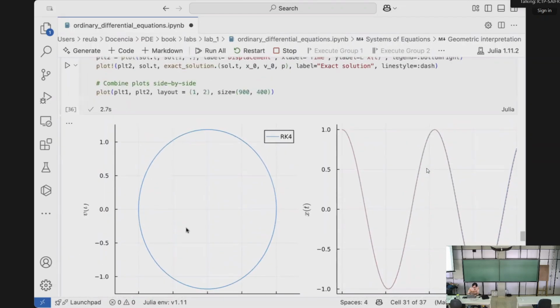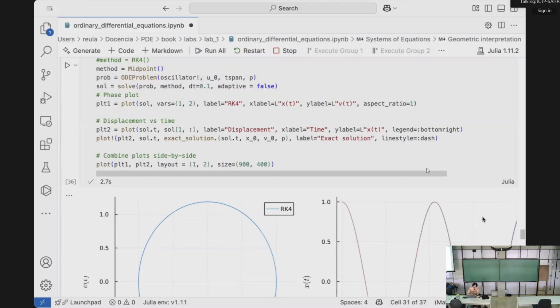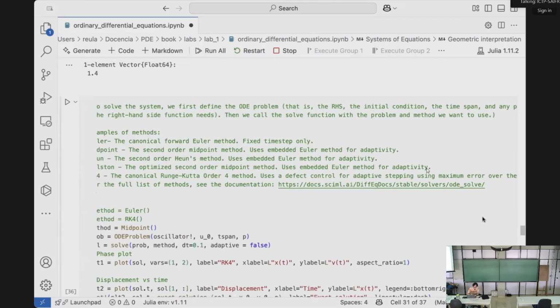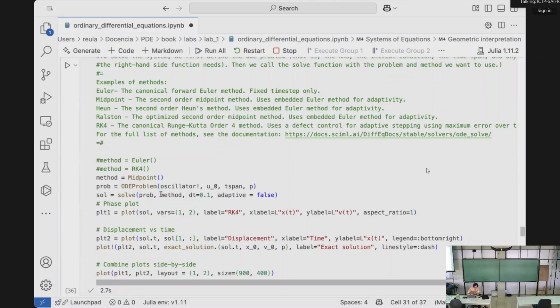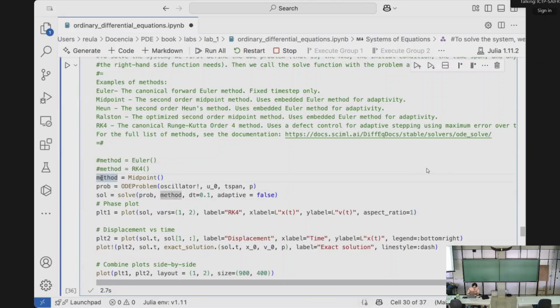Solve it here. We see that we start getting some slight error in the phase after some time, or whatever method you want to use. Here I put some methods to check, some of the ones that we implemented before, but you can also check the documentation.